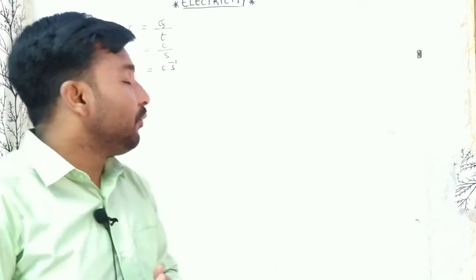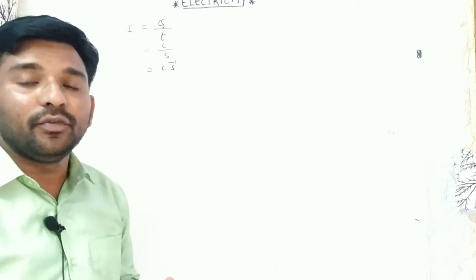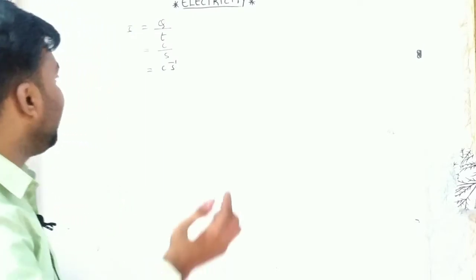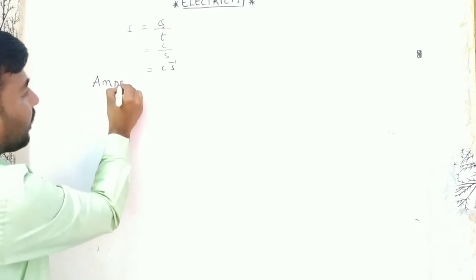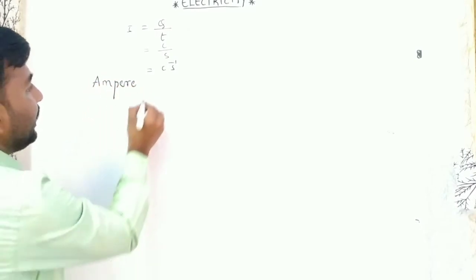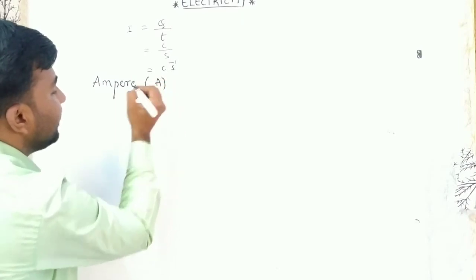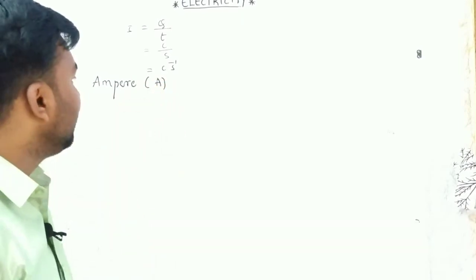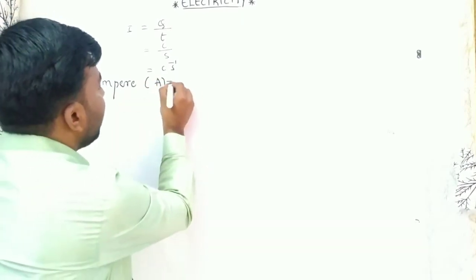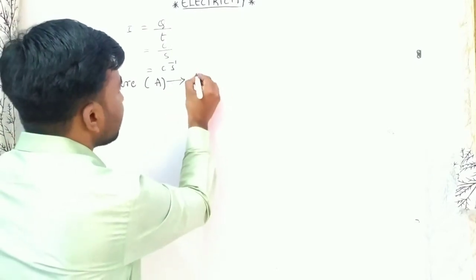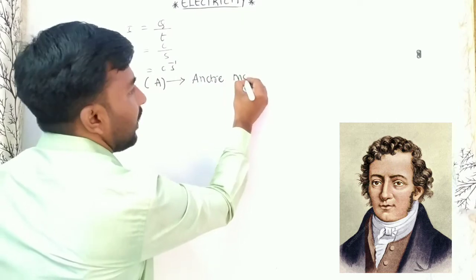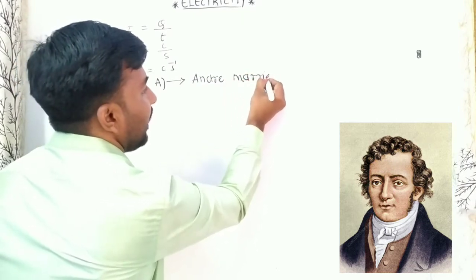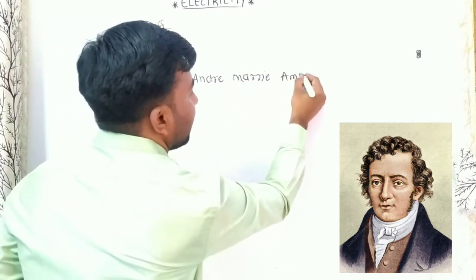But here we will take the SI unit for the electric current as ampere. Ampere is denoted by the capital letter A, in honor of the scientist called Andre Marie Ampere.